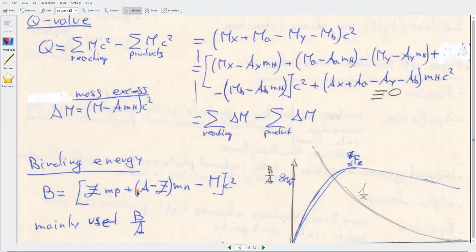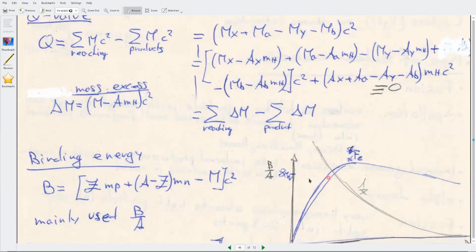In helium, instead, you have here the two protons. 4 is the mass number of helium, 4 here, that is two neutrons, because you take 2 protons, 2 neutrons, put them together, take away the actual mass of the nucleus of helium, calculate the rest energy by c squared, this difference in rest mass, and you have a certain value.